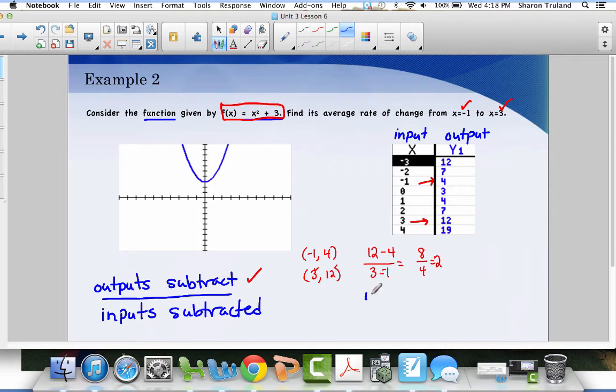What if somebody decided to do 4 minus 12? And then -1 minus 3. Well, 4 minus 12 is -8. -1 minus 3 is -4. Look, I get the same answer. Because all we're doing is counting how far we changed along the y versus how long we changed along the x.